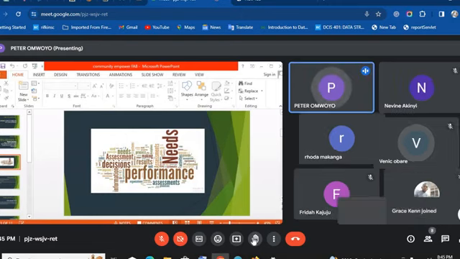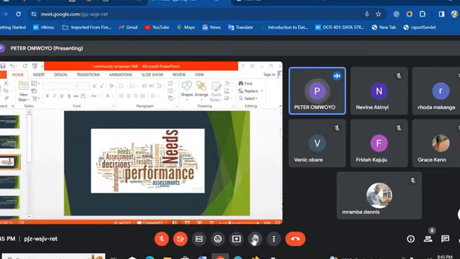When you do the needs assessment, we're going to look at the performance, how we make decisions within the community, and how all that contributes to the well-being of the community. So, we start by defining needs.